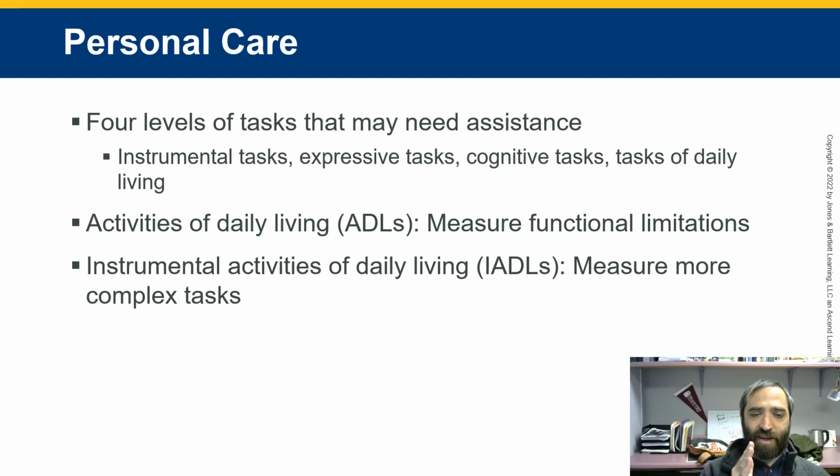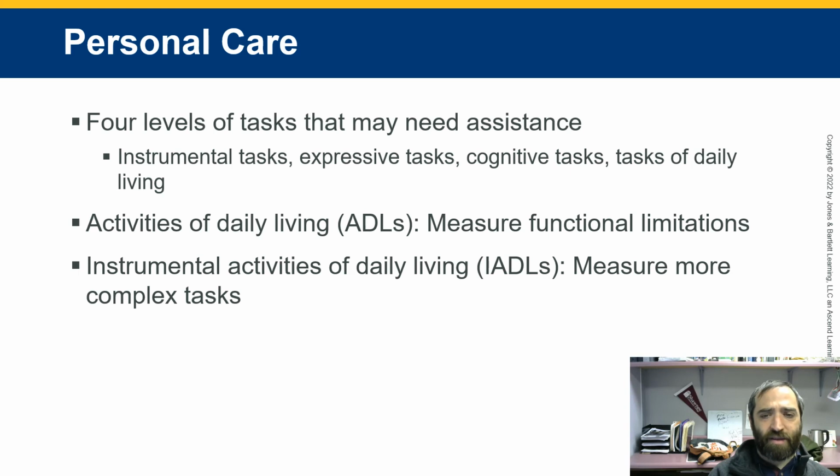I would think about somebody from say 70 to 80, maybe they would stop driving, and so now their transportation function is limited, and then maybe from 80 to 90 they lose the ability to, say, wash their feet.